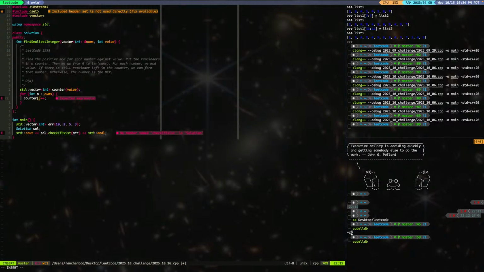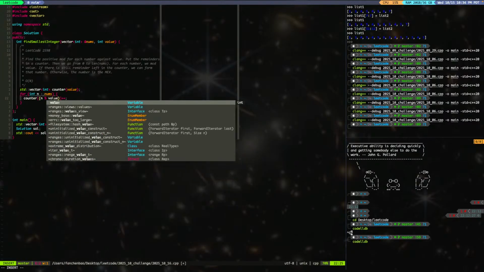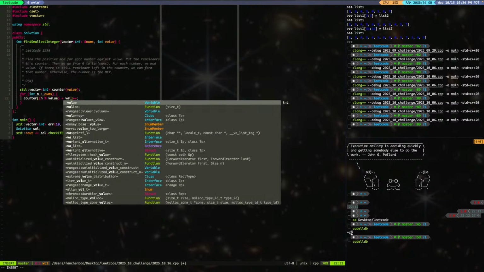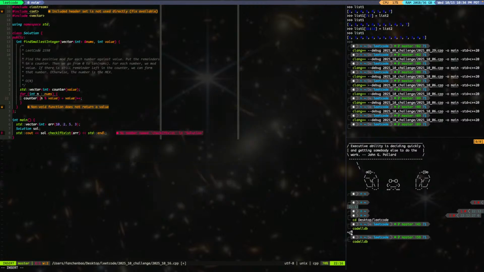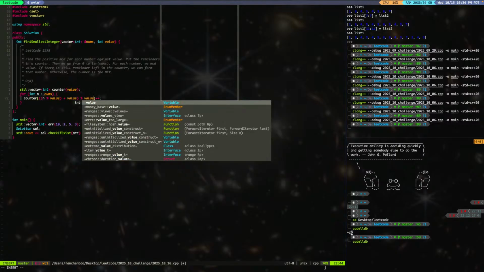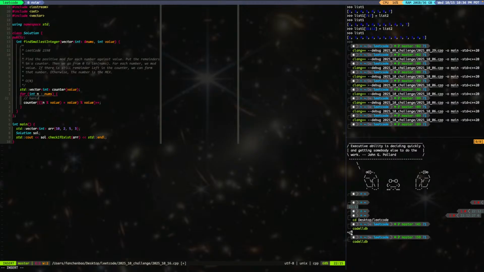Here, what I can do is n mod value plus value, and then mod again, to handle both positive and negative n. Or you can do an if check. Depends on how you want to do it.